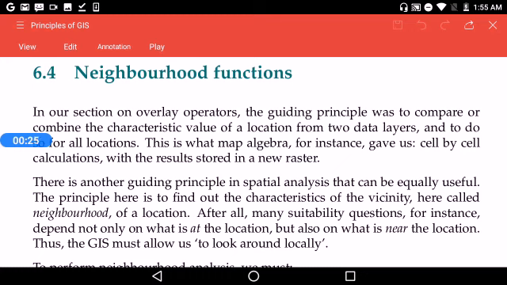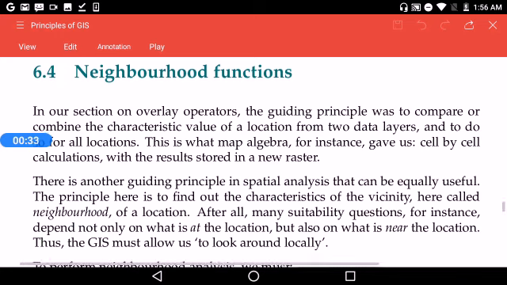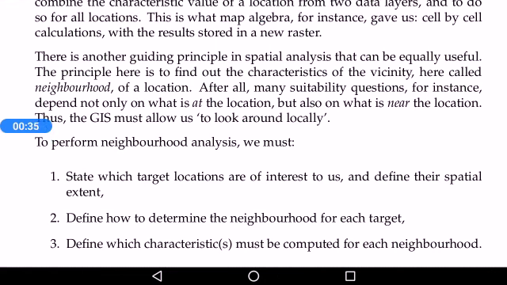So to perform the neighborhood analysis, we must first state which target locations we are interested in, and then also define their spatial extent. That means how much those locations have been spread. So we first define that these are our target locations and this much is their extent.